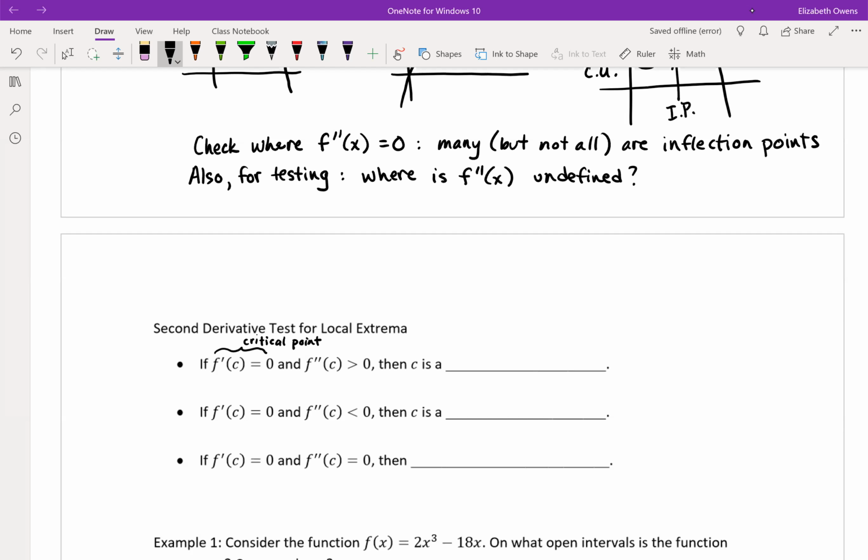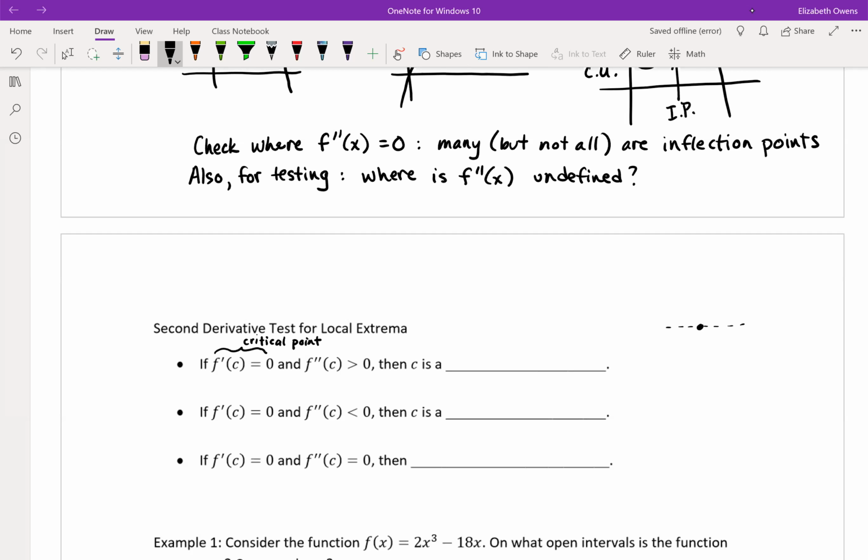Then, if you're at that critical point and f double prime of c is greater than 0, let's sketch this out here. Let's say this is your point right here, and at that point c we have a derivative of 0, so that would make a horizontal tangent line.